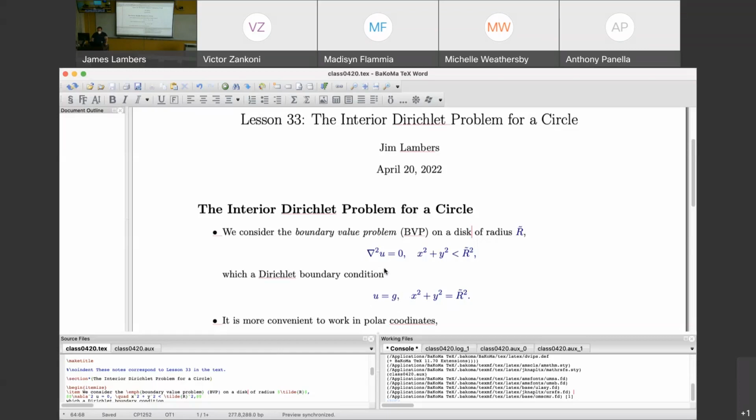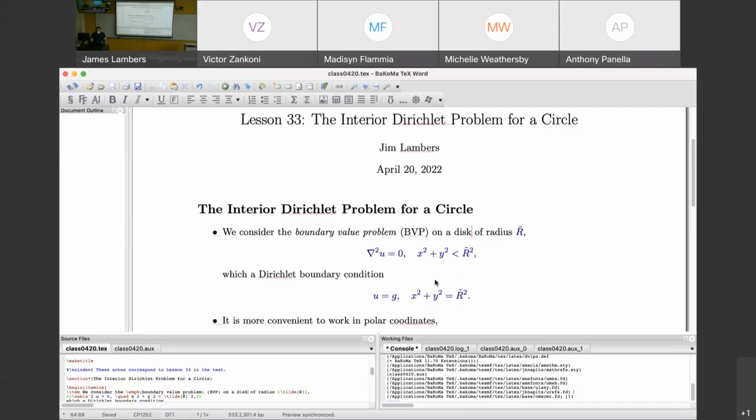Since we're solving the PDE on the interior of the circle, and this is a Dirichlet type 1 boundary condition, this is referred to as the interior Dirichlet problem. We will see the exterior Dirichlet problem on Monday.